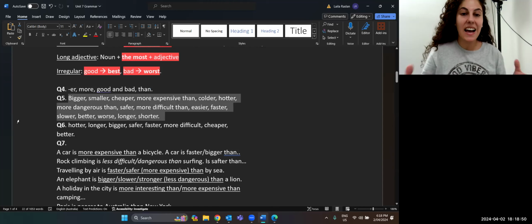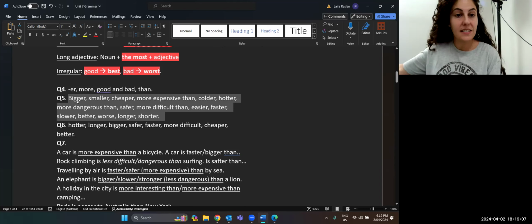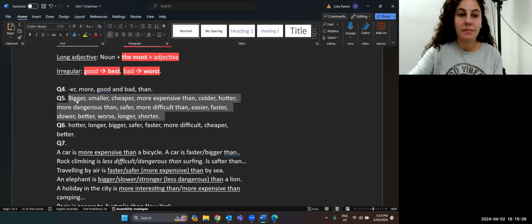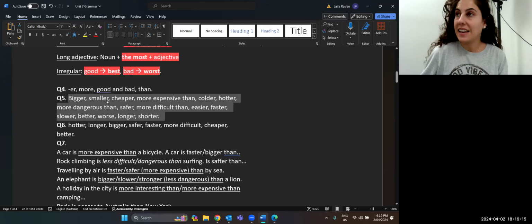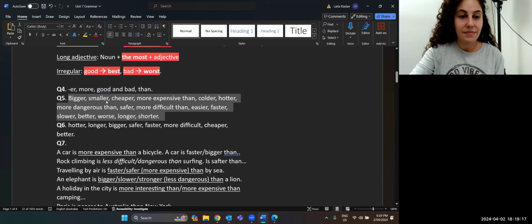Okay, so these are the comparative adjectives of short and long adjectives. So that means I want to compare one noun to another noun. So I could say, my grandmother's house is bigger than my friend's grandmother's house. My brother is smaller than your brother.